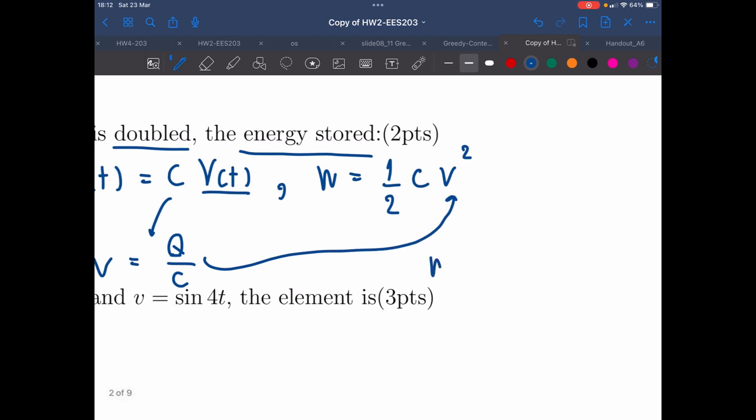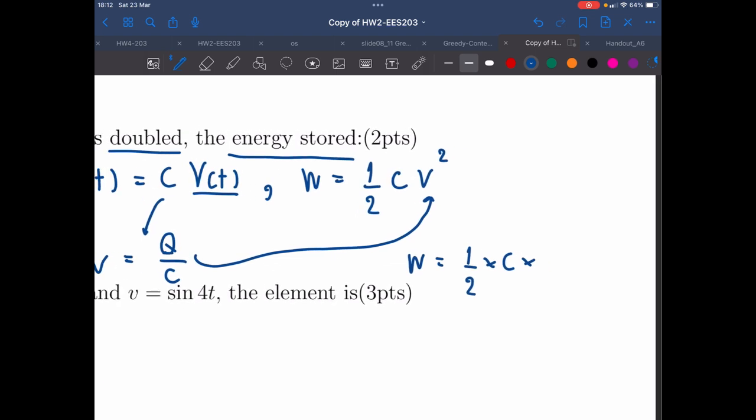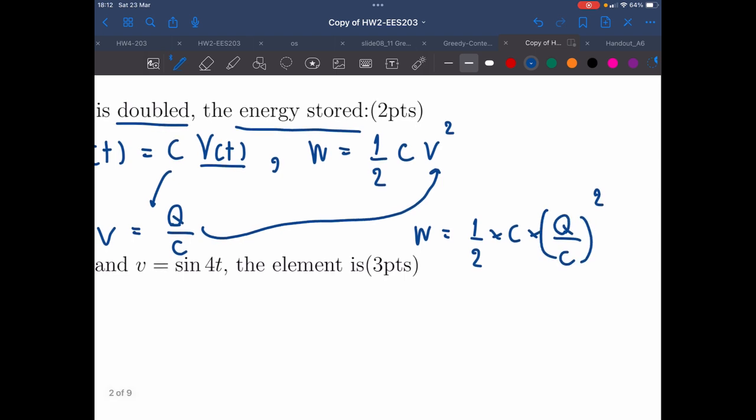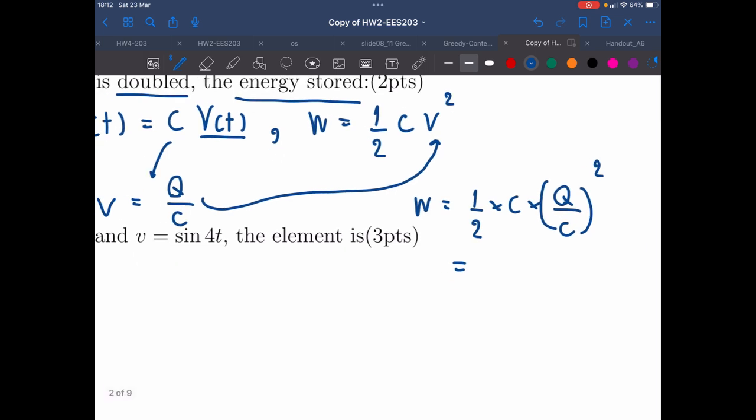We get work equals 1 divided by 2 times the capacitance times V, which is Q divided by C, to the power of 2. We get 1 over 2 times Q to the power of 2 divided by C.